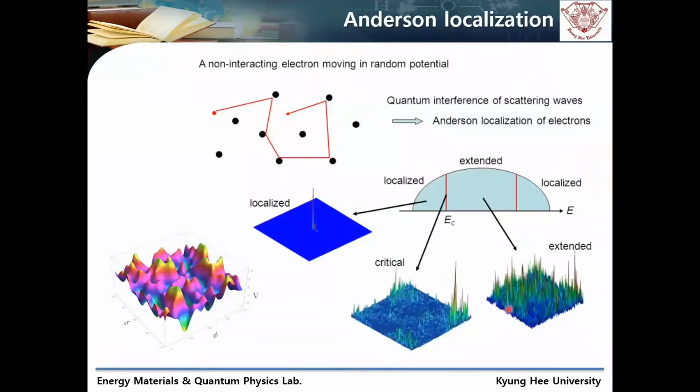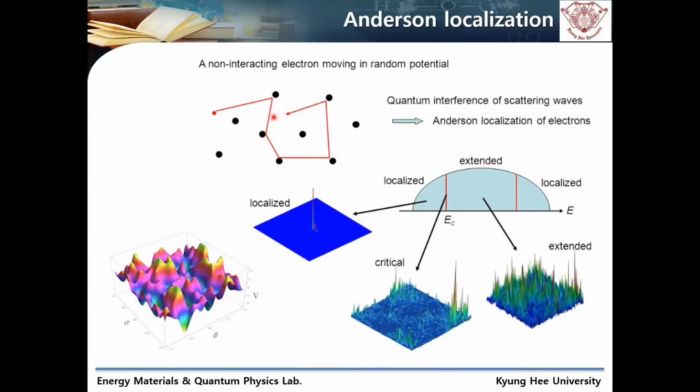Here I propose another new strategy, and it is a very fundamental approach. Basically, Anderson localization is a quantum mechanical phenomenon that was proposed by Professor Anderson. From a classical point of view, when we consider a random potential like impurities or imperfections, electrons can scatter between the impurities or imperfections like this.